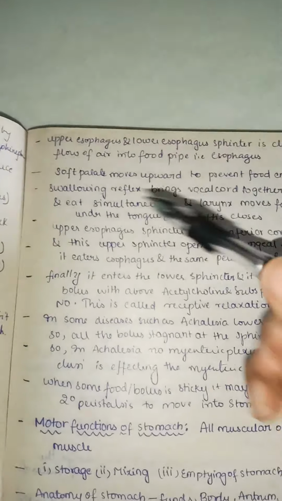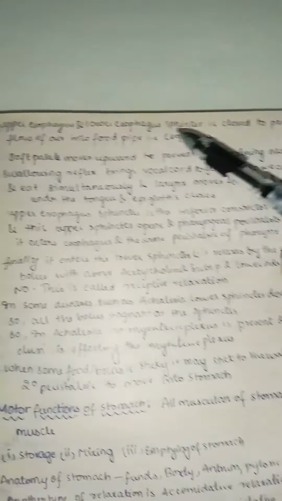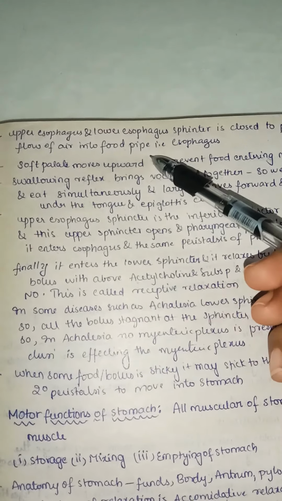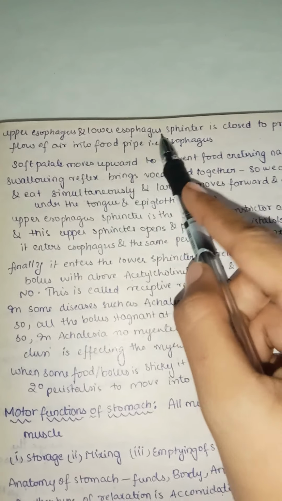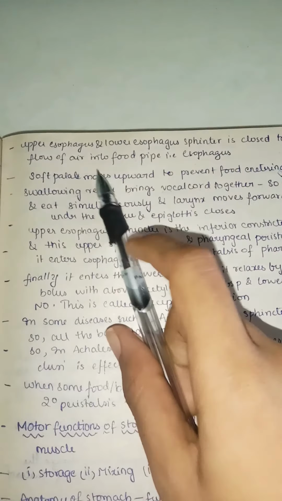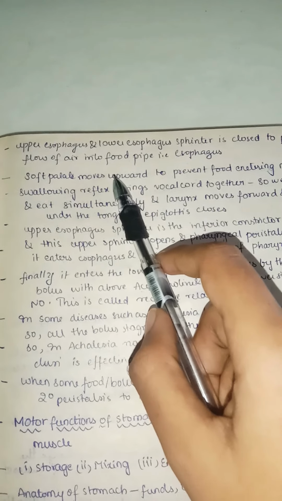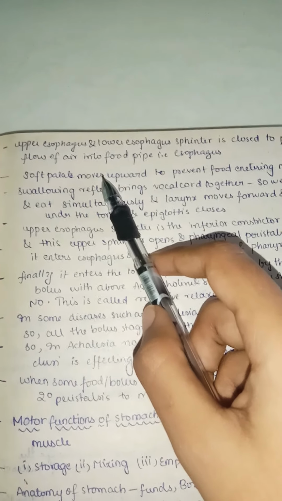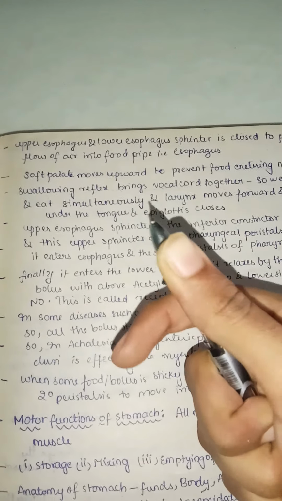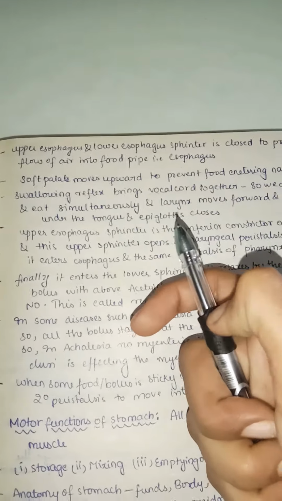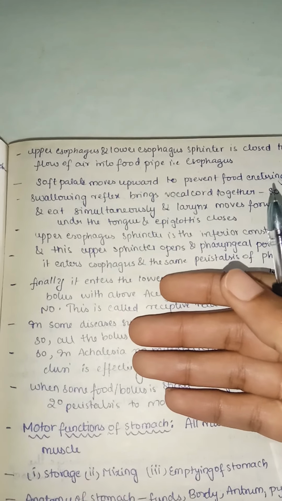So now coming to here, the upper esophageal sphincter and lower esophageal sphincter are closed to prevent the flow of air into the food pipe, that is the esophagus. Whenever you're talking or breathing, that's why when you're eating you can't talk, because talking involves air through the trachea, right?